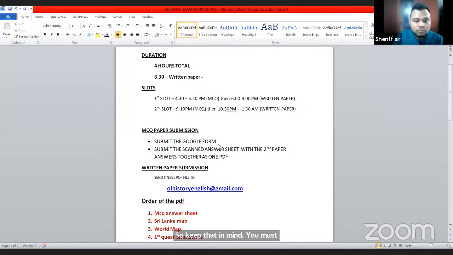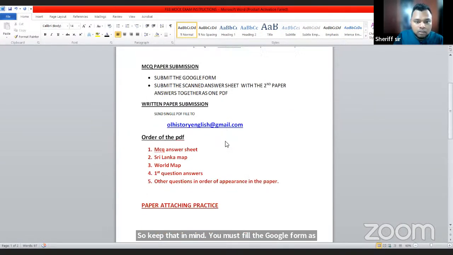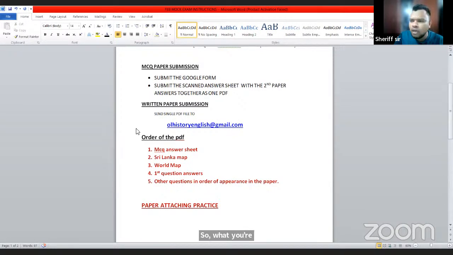And then the written paper submission. At the end of the exam, once you have answered all the questions, you will use a mobile app like CamScanner or ClearScanner.